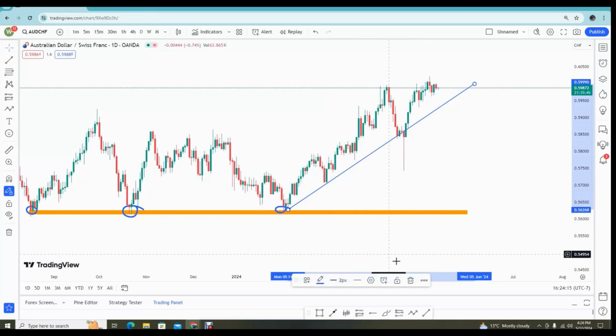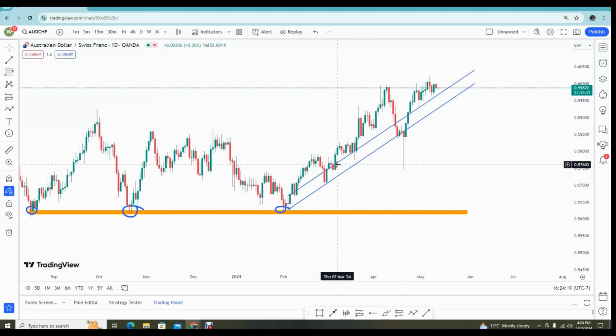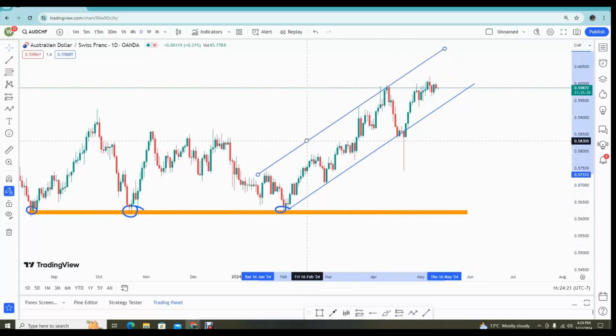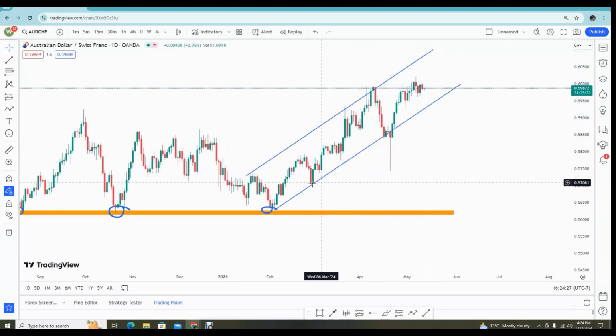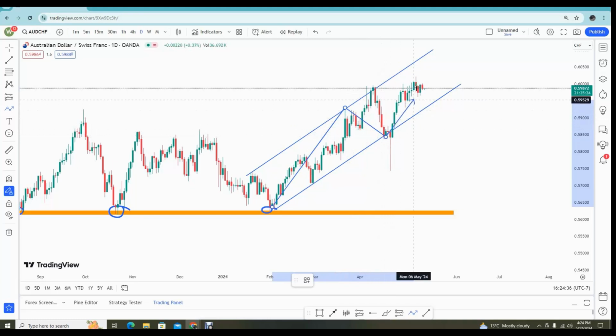So we're just going to clone this trend line and create some resistance. We can see that the market has been moving from the support all the way to the resistance, pulled back, and now the market was trying to go back to the support.